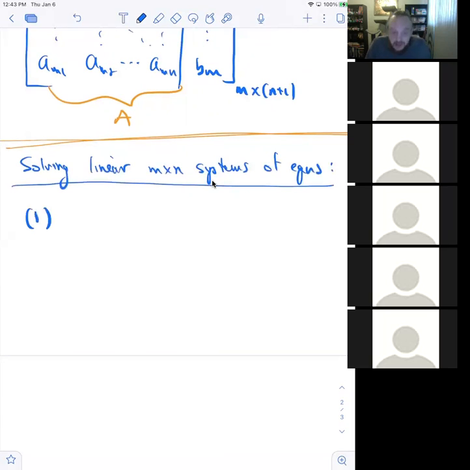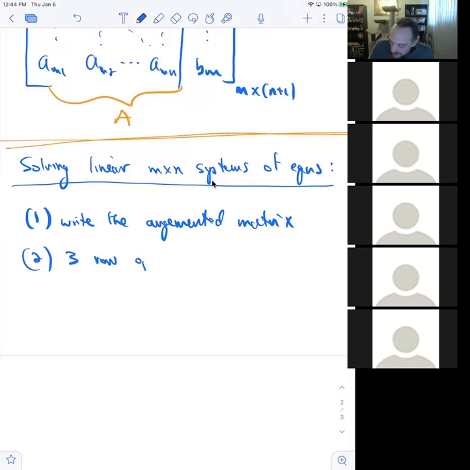One, we're going to write the augmented matrix. Two, I'm going to use the three row operations.